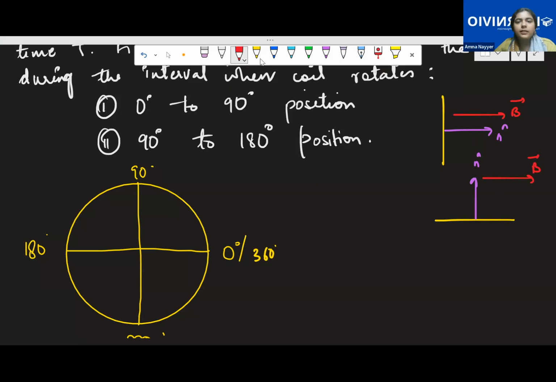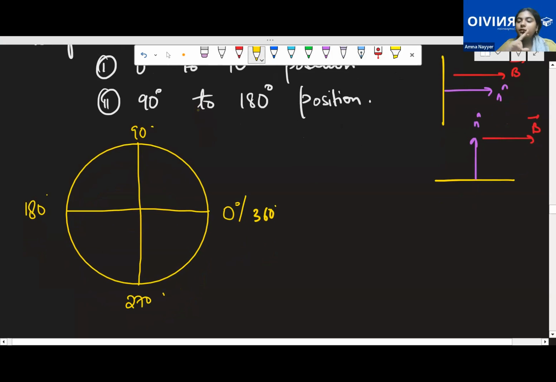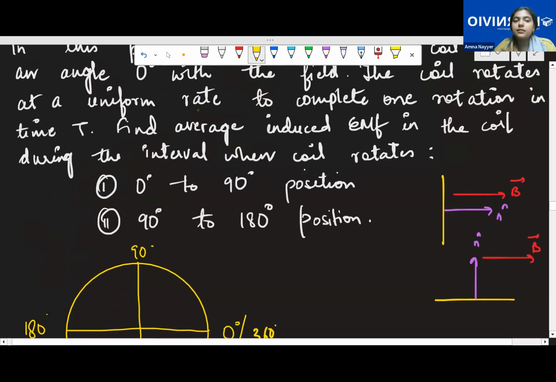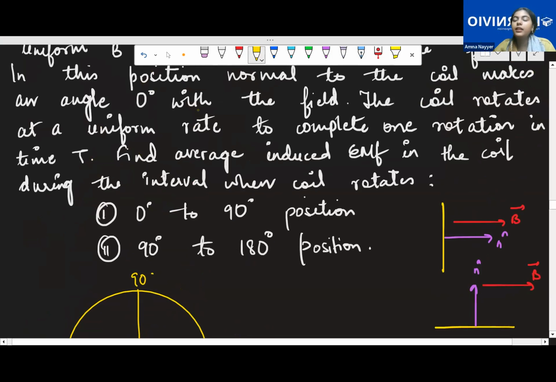So how will you calculate this? 0 to 90 degree. See, first let us identify the time. Just tell me one thing, class. The total time in one complete revolution, one complete rotation, is time t. It says one rotation is time t.